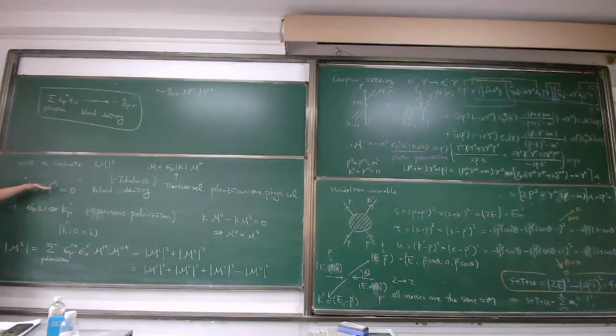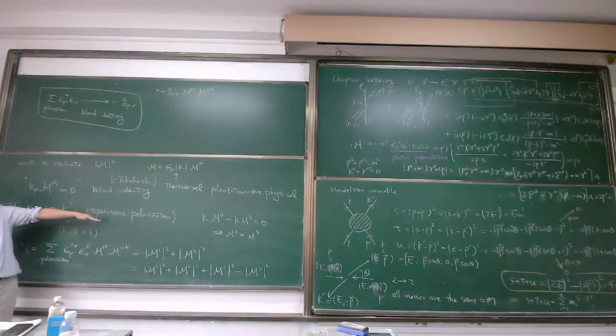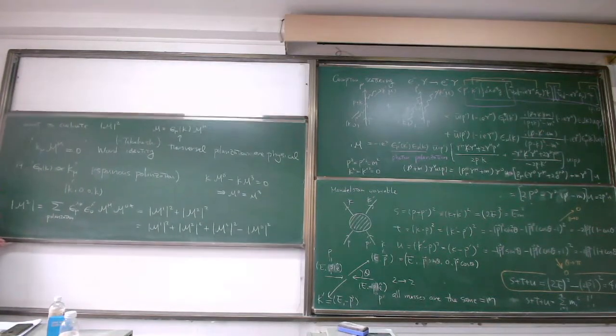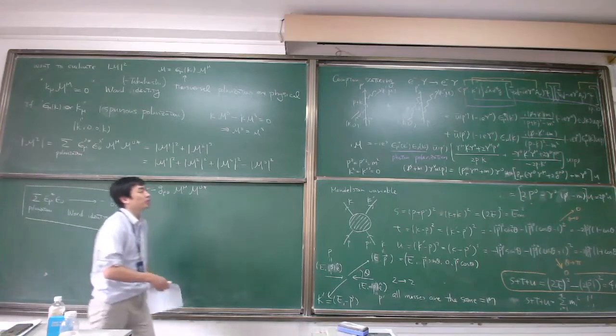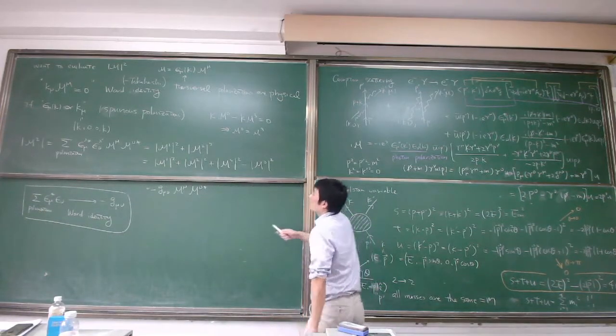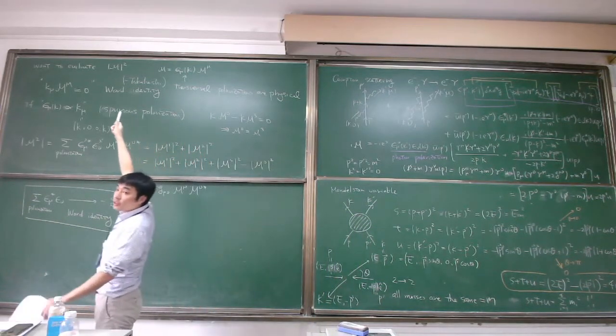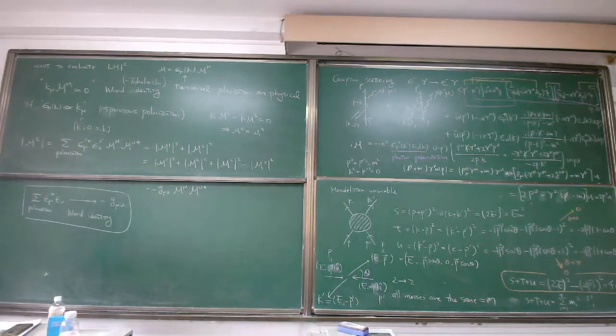So first you have to accept this one to get rid of this spurious polarization. But this derivation will be given at the end of the lecture. So you have to wait. Essentially what we need to do is just replace the polarization vector sum by minus g mu nu to compute m squared.